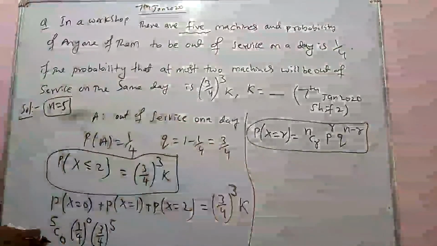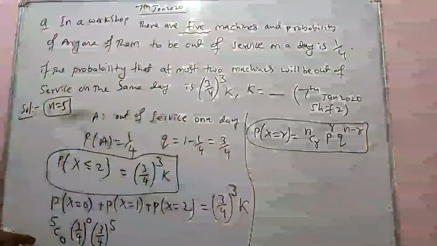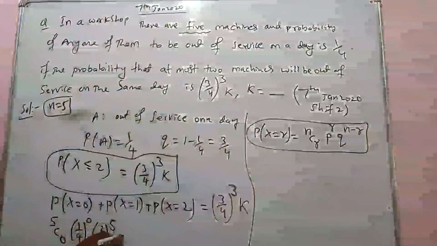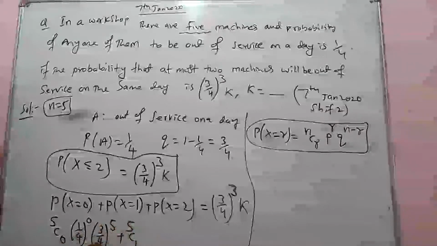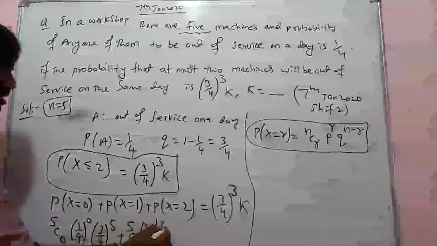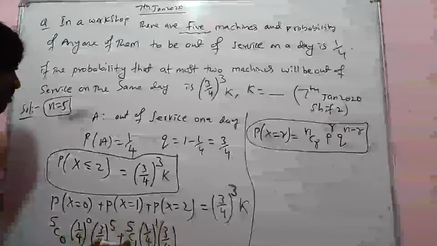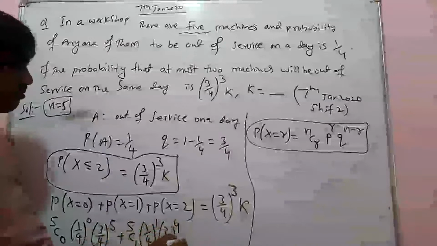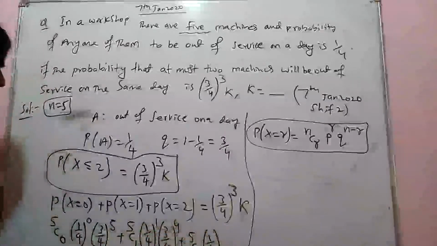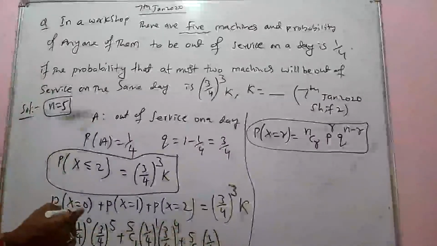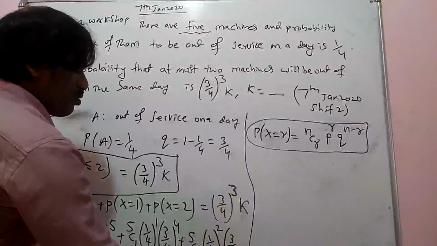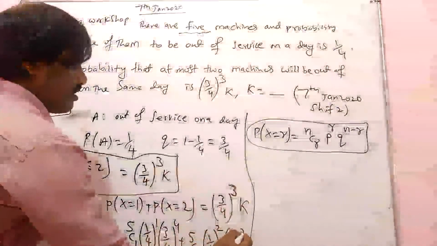This is the success formula. Here, out of service is the success. So 5C0 times 1/4 to the power of 0 times 3/4 to the power of 5, plus 5C1 times 1/4 to the power of 1 and 3/4 to the power of 5 minus 1, that is 4, plus 5C2 times 1/4 to the power of 2 and 3/4 to the power of 5 minus 2, that will be 3.